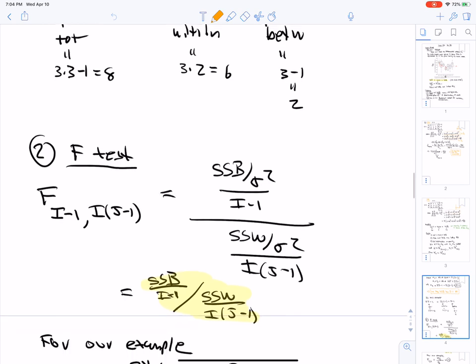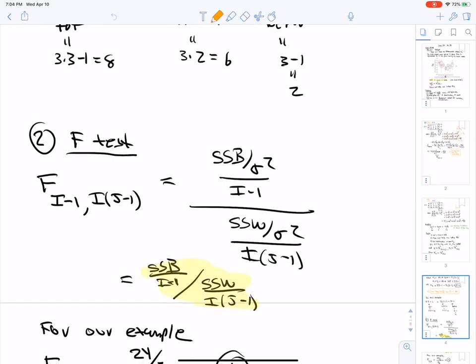So now we can do an F-test. F is a test statistic, which is a ratio of two chi-squares divided by their degrees of freedom. So we have SSB over sigma squared over I minus 1, divided by SSW over sigma squared divided by I(J minus 1).